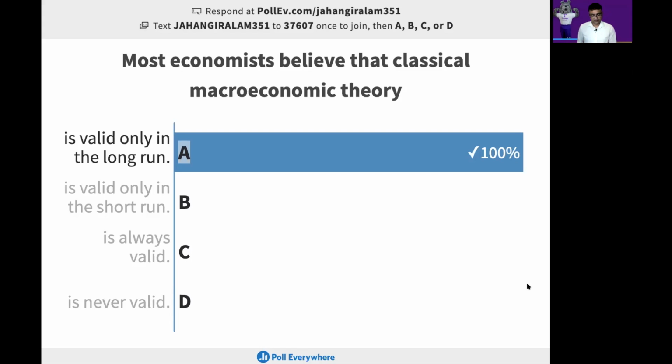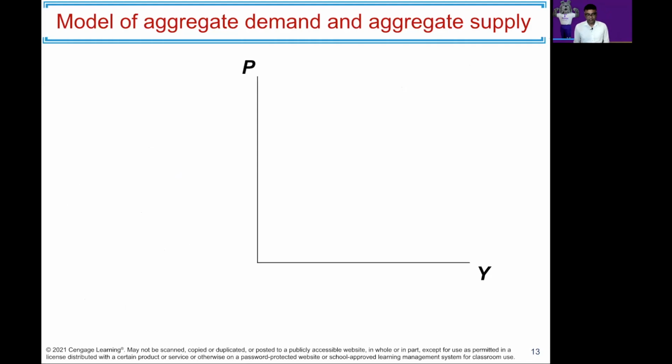Okay. So as I said, we want to develop a new model, the model of aggregate demand and aggregate supply. Our model of short-term economic fluctuations focuses on the behavior of two variables.